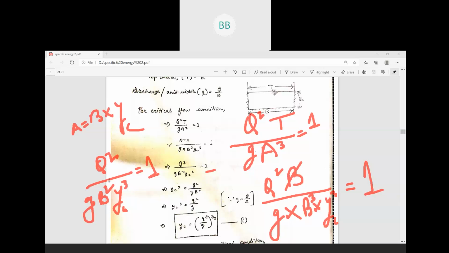So from this equation, YC cube is equal to Q square divided by g B square.